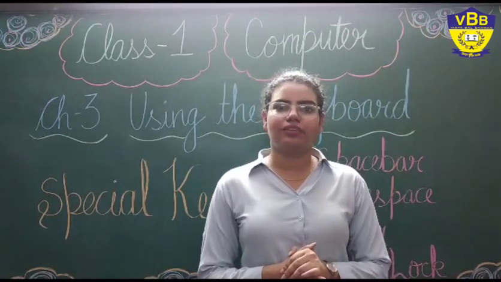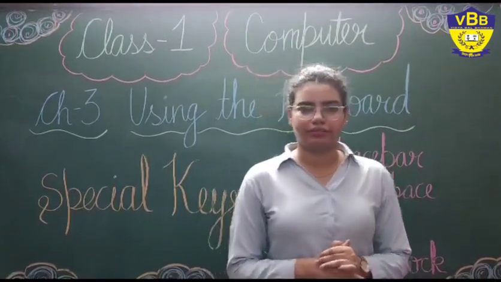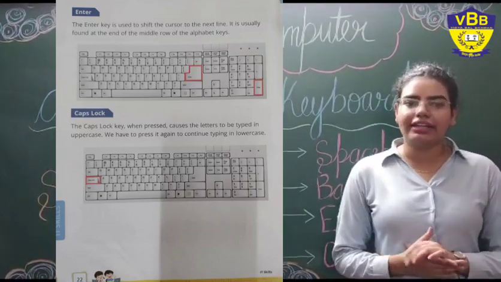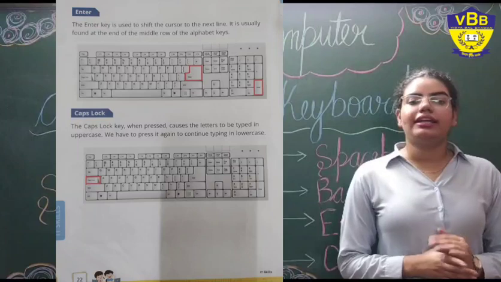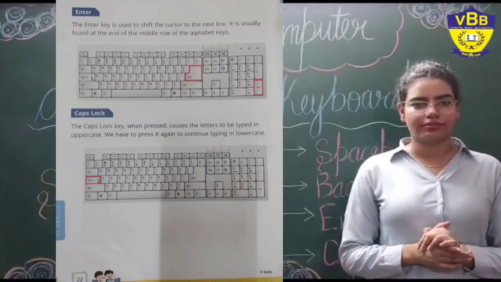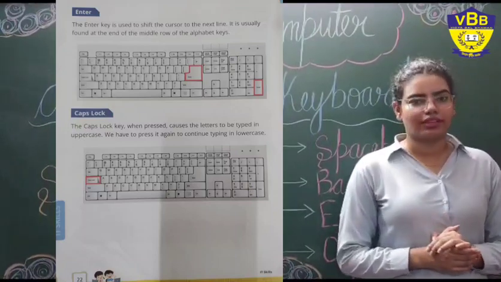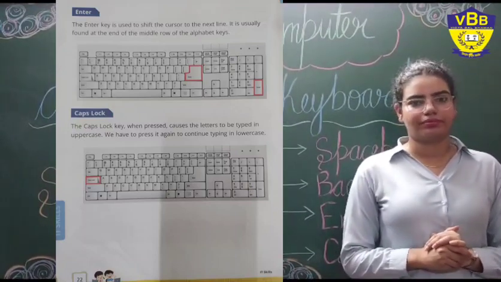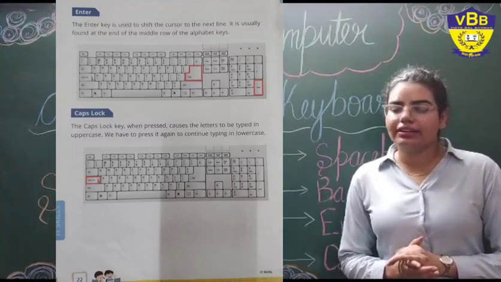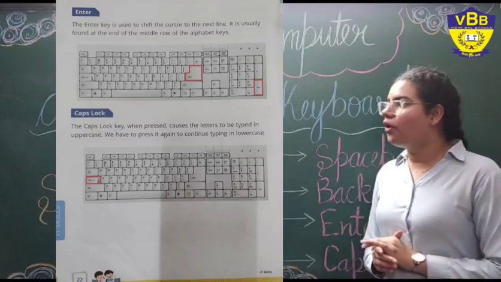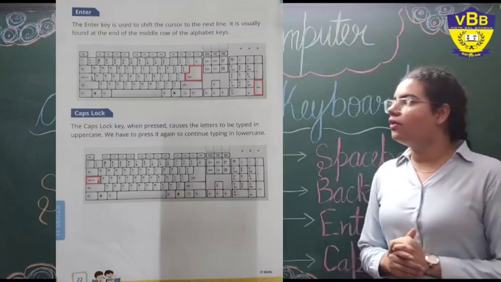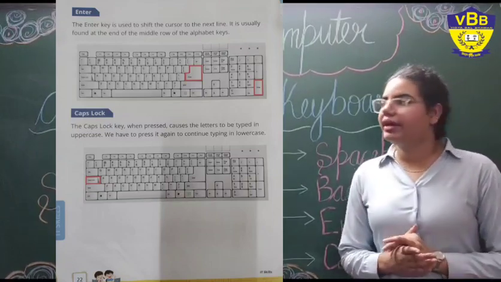Now everybody come to page number 22. Let's start the reading of page number 22. Enter. The enter key is used to shift the cursor to the next line. It is usually found at the end of the middle row of the alphabet keys.